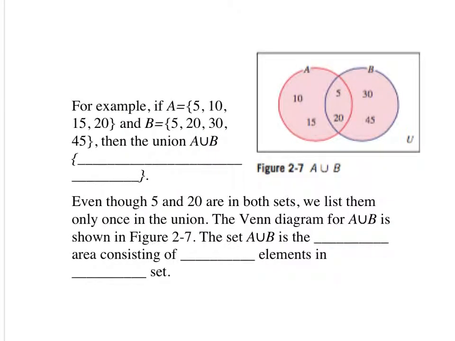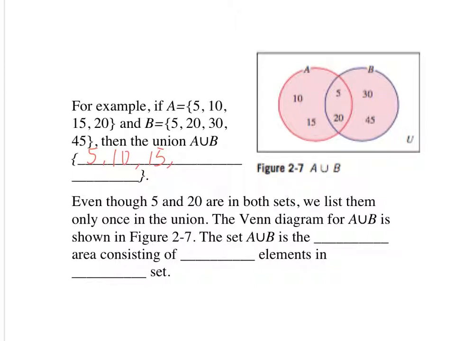So let's look at the previous example with the previous chart. It says that A has 5, 10, 15, 20, and B has 5, 20, 30, and 45. In this case, like I said, you just put all of them together. So A union B should have 5, 10, and order doesn't even matter.